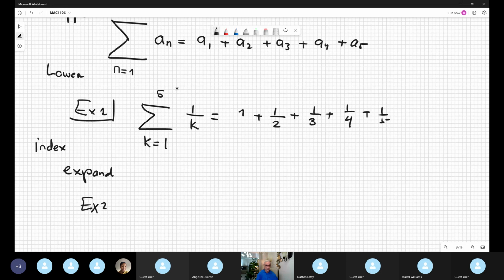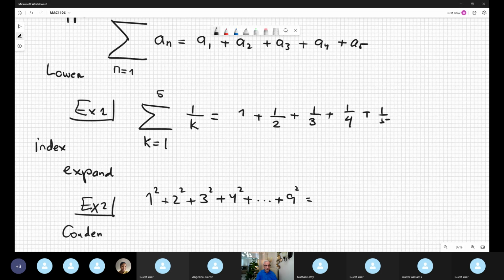Suppose I have example 2, and we say given a summation, but not in summation notation, it's given in the natural way: 1 squared, 2 squared, 3 squared, 4 squared, plus, plus 9 squared. So what is the goal? The goal is condensing using the summation notation.